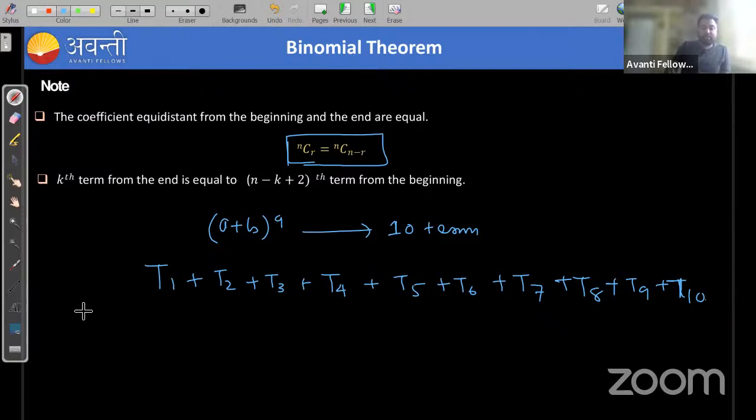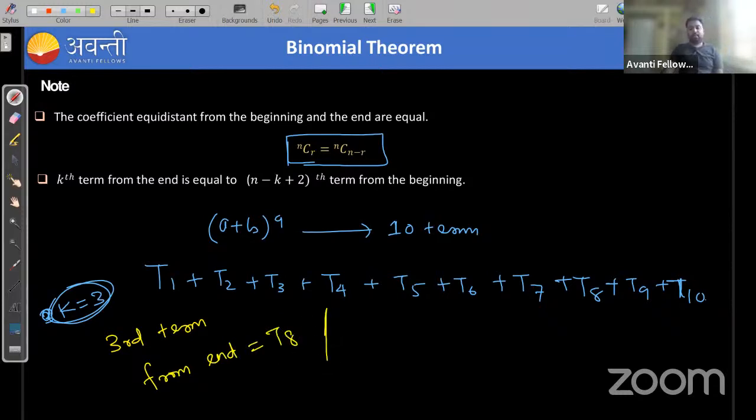Suppose I am taking the third term from the end, that is k equals 3. The third term from the end is T8, which by our result is equal to n minus k plus 2, where n is 9.